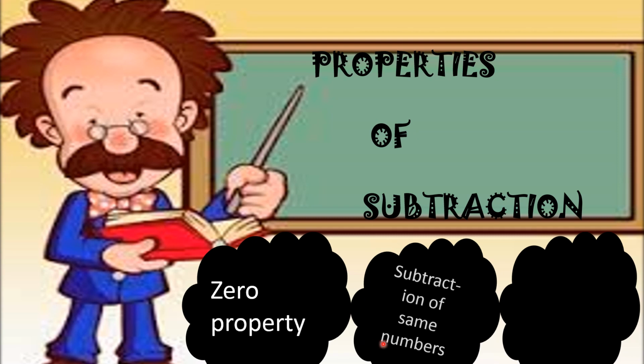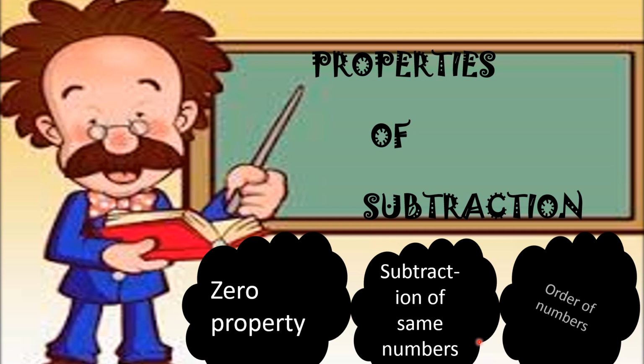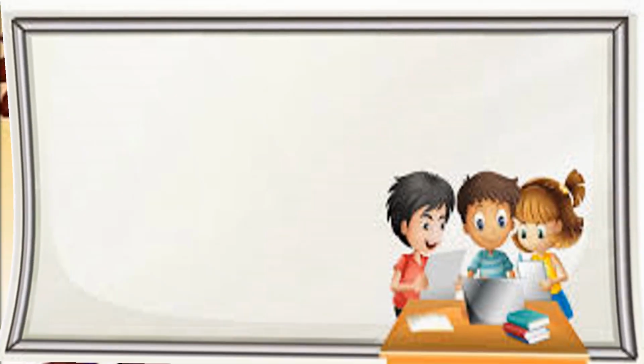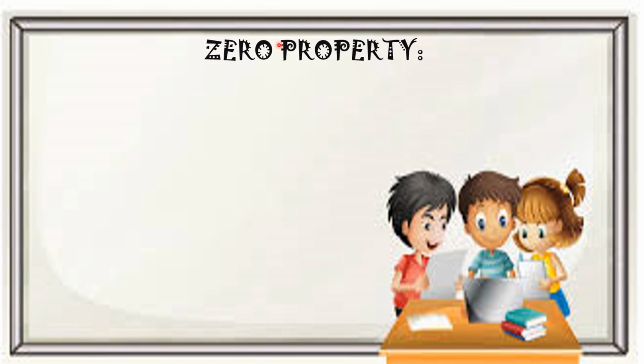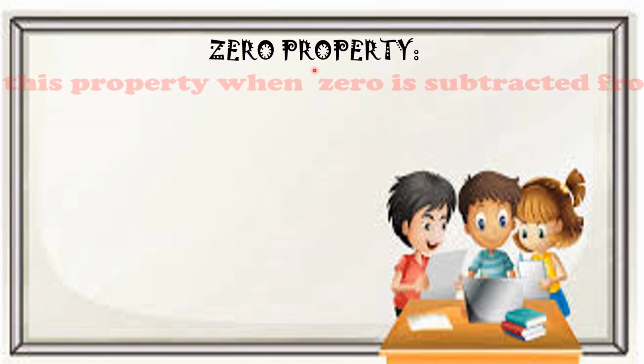Next, subtraction of same numbers. Next, order of numbers. Let's have a look at the first property, that is zero property.